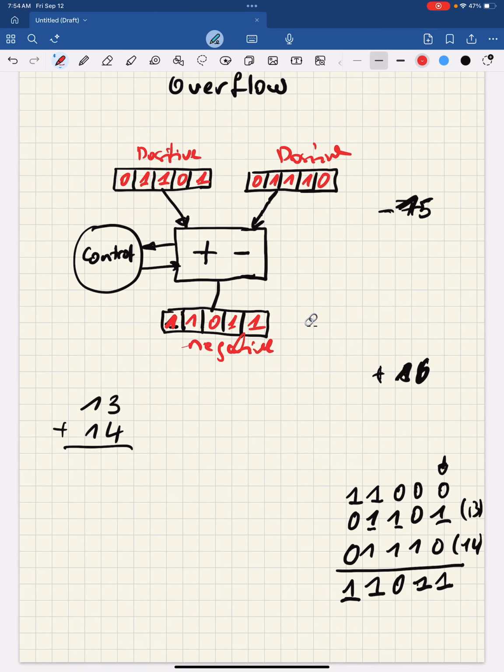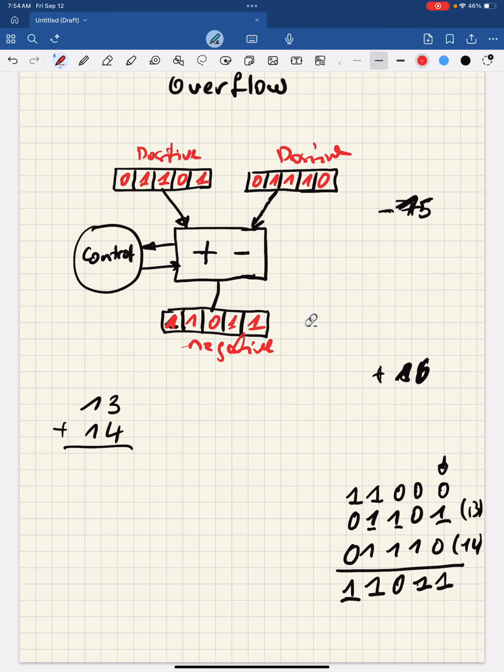So why is it like that? It is like that because the result that we got at the end is simply not able to fit in the number of positions that the computer has to capture the numbers. And therefore, we have what we call here an overflow.